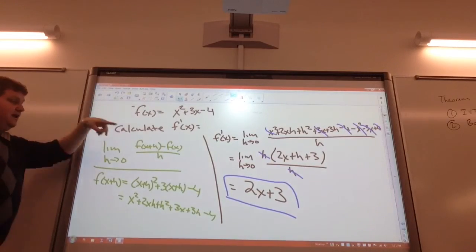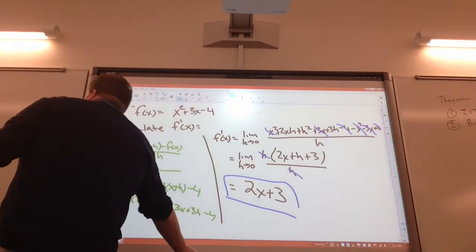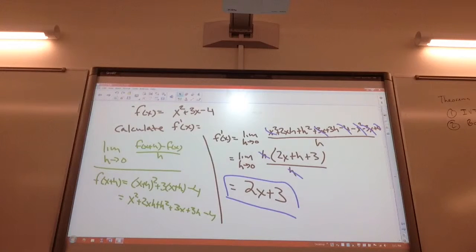So now that I've got this down here, I know f of x is equal to x squared plus 3x minus 4, and that I just figured out f prime of x is equal to 2x plus 3.